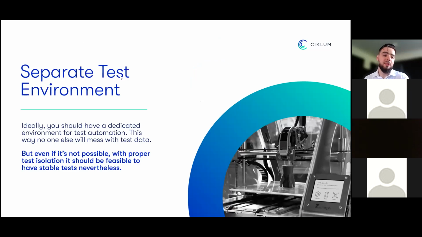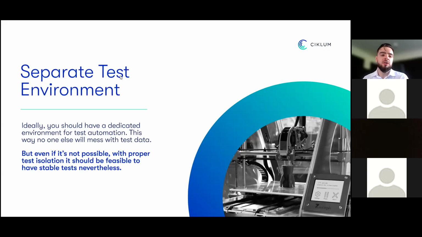Okay, and the last thing we should mention is that using a separate test environment is beneficial for your automation. So in an ideal scenario, you should have a dedicated environment just for test automation, so no manual QAs or other people are going to mess up your test data. But let's say it's not possible, you have some cost restrictions or environment restrictions, etc., and you cannot get a separate test environment.